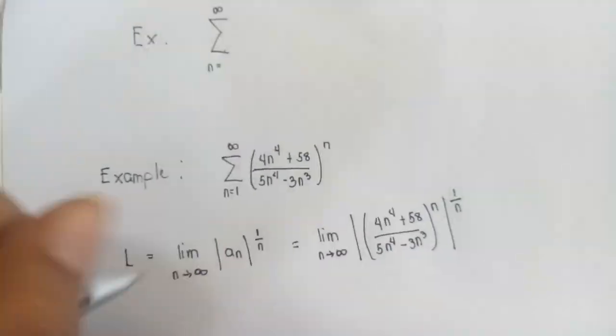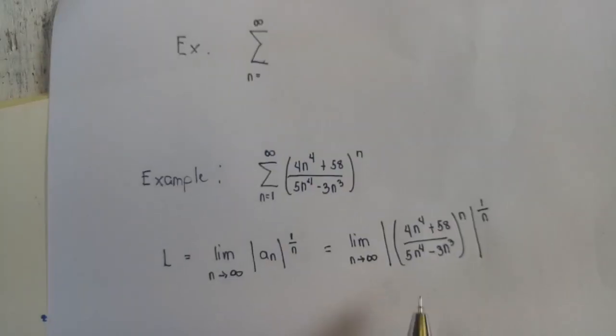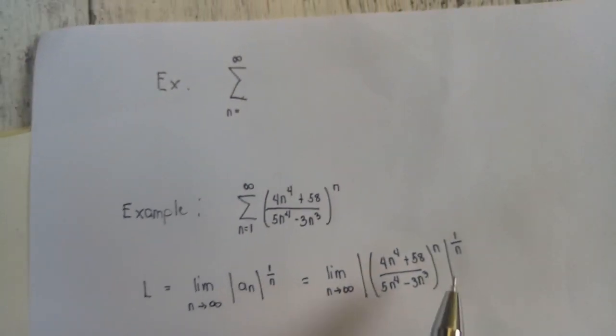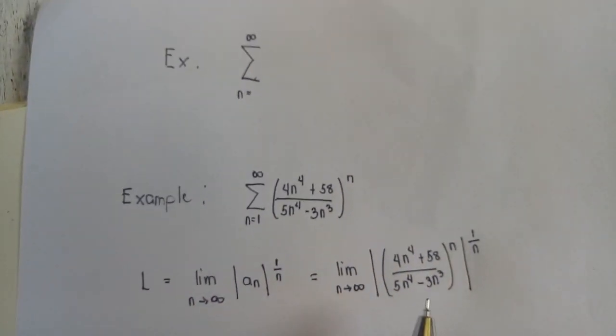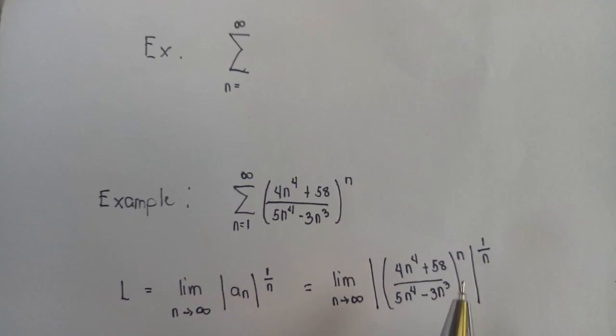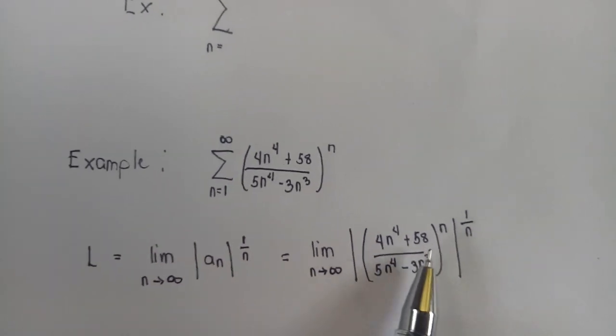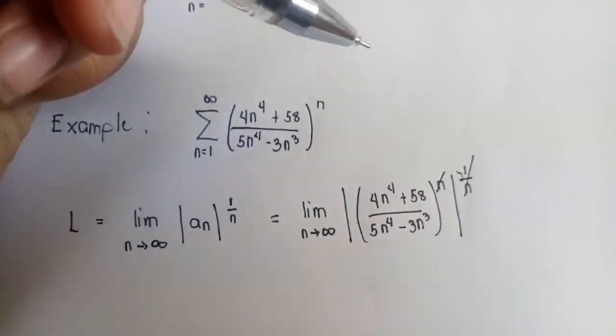Our series has an nth power, so it is easy to cancel it out. So we cancel the 1 over n and the nth power of this series.